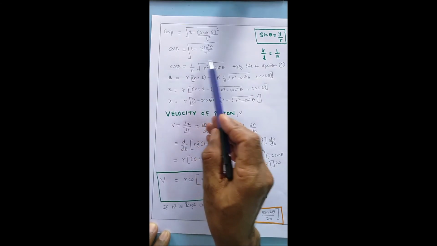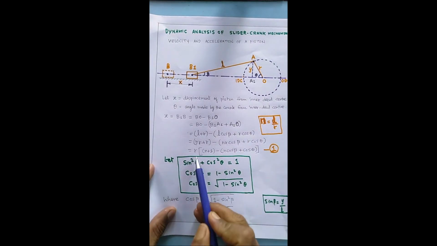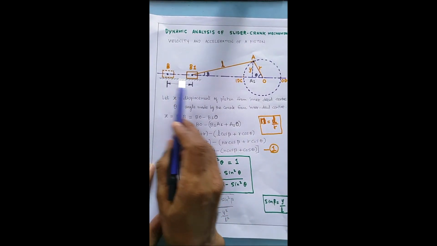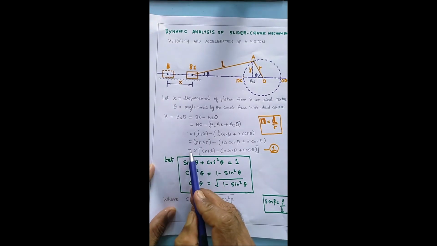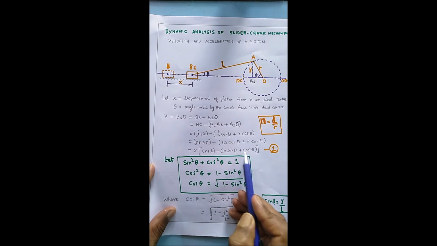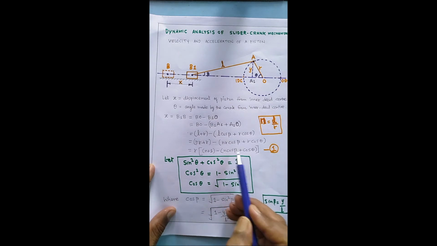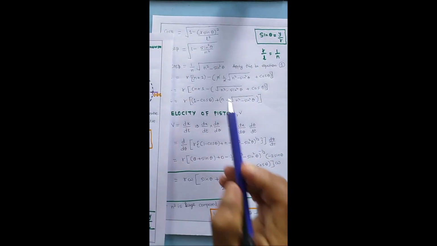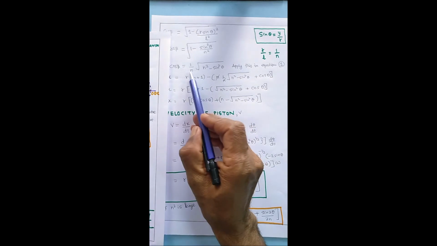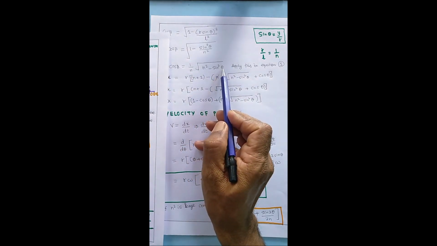This result you apply in equation 1. What is our equation 1? That is x is equal to, that is the displacement of the piston. x is equal to r into (n plus 1 minus n cos beta plus cos theta). So for cos beta, we have to put this 1 by n root of n square minus sin square theta.